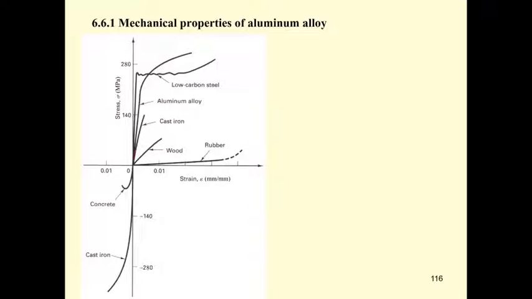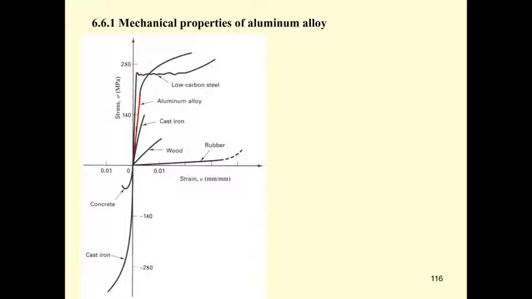The stress-strain diagram of aluminum will follow what I'm showing you with the red line here. You can see the slope, or the modulus of elasticity, of aluminum is less than steel. Actually, it's 3 times less.